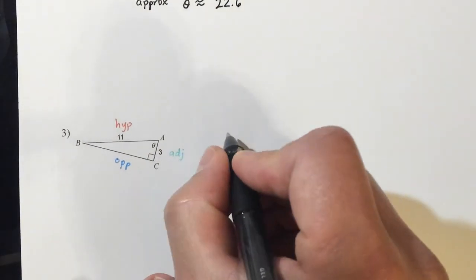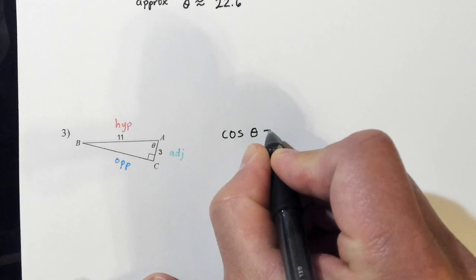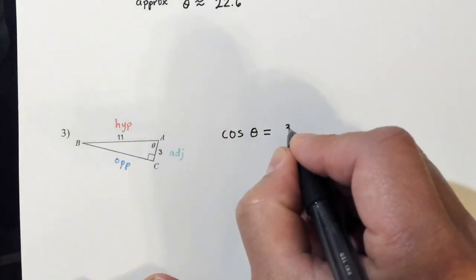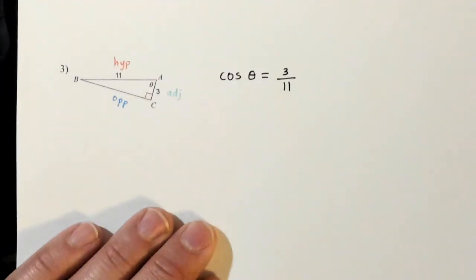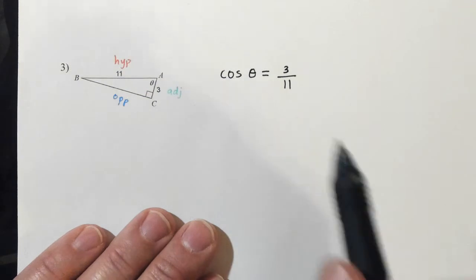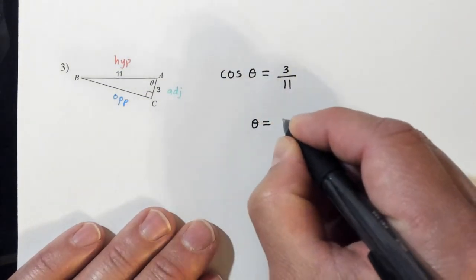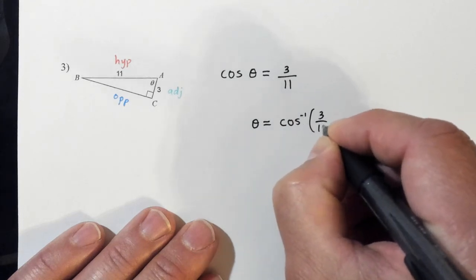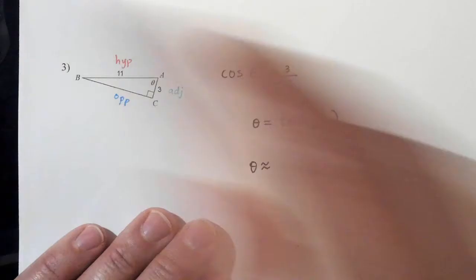So you write cosine of theta is equal to the adjacent over the hypotenuse, like that. Then you take the inverse of both sides, that will get the theta by itself. And then plug it in your calculator.